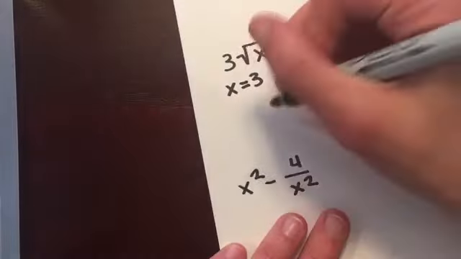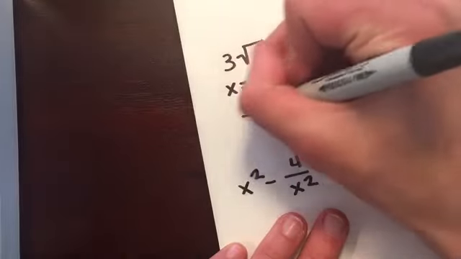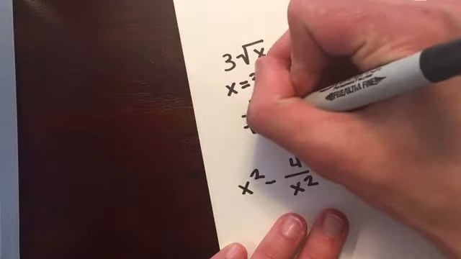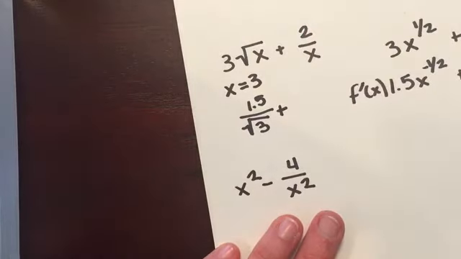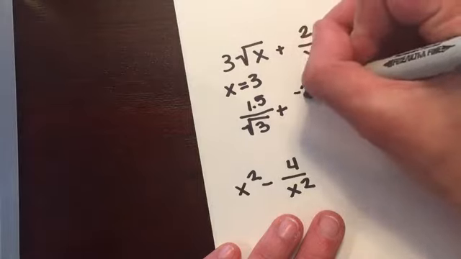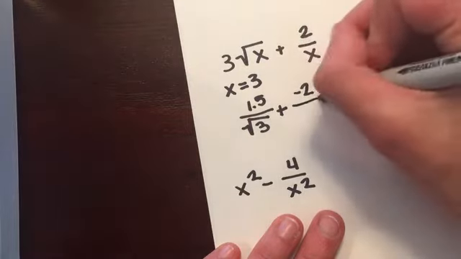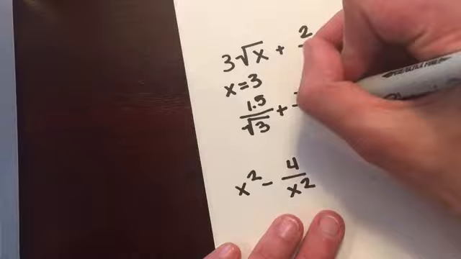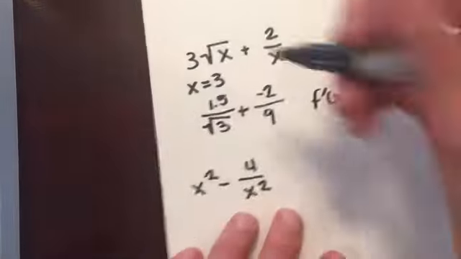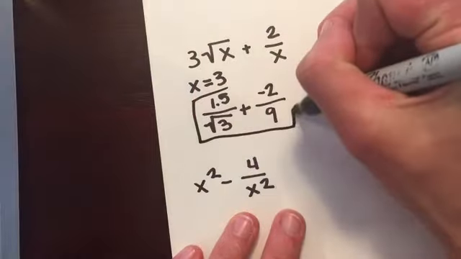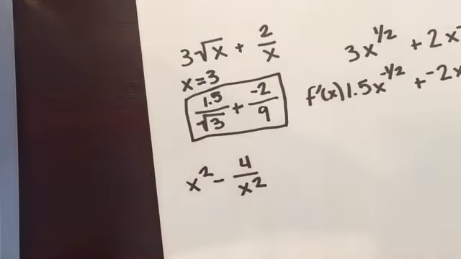So it would be 1.5 over the square root of 3 plus negative 2 over 9, because that's x squared. So this would be the rate of change at x equals 3.